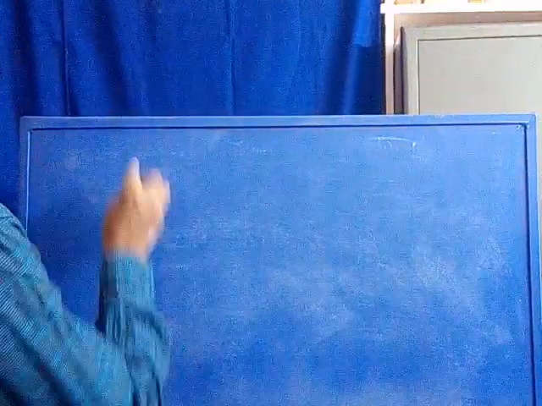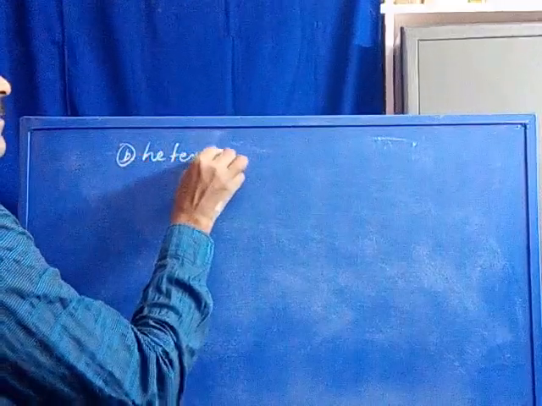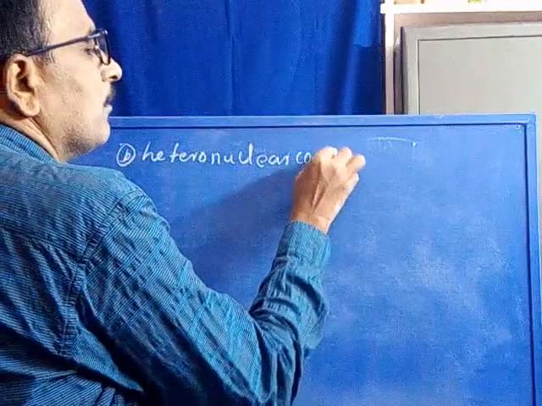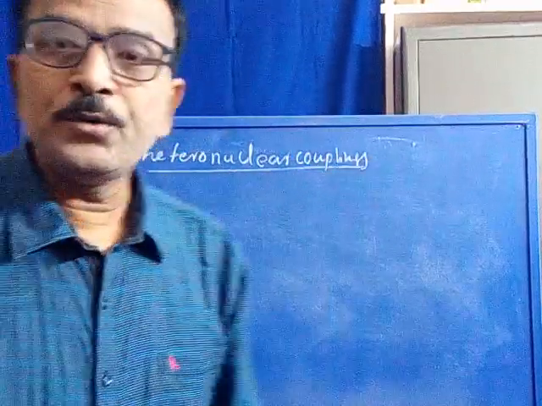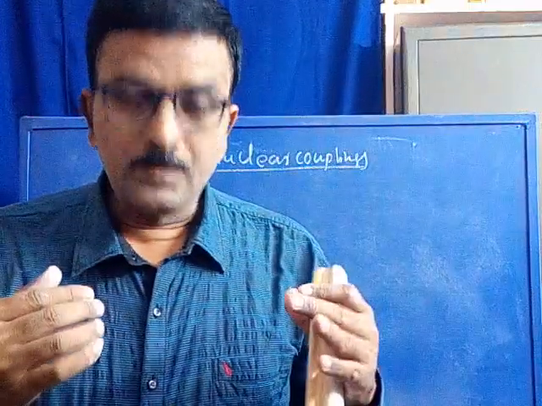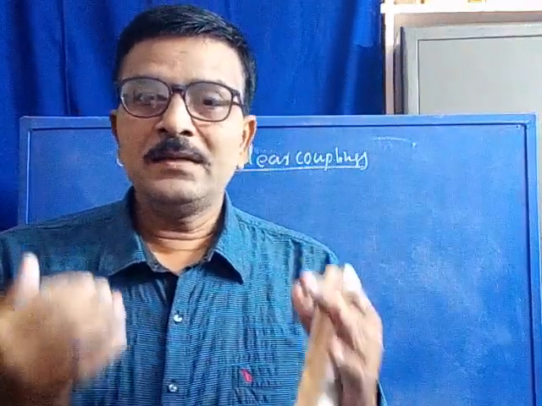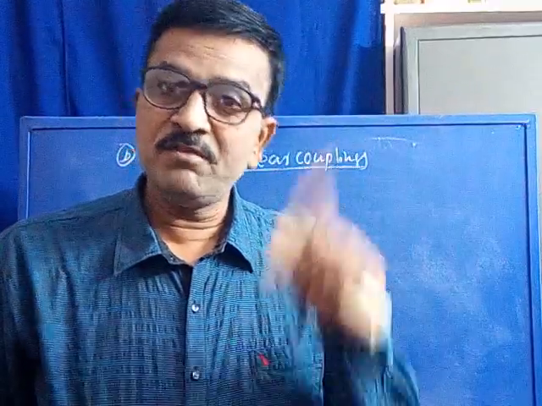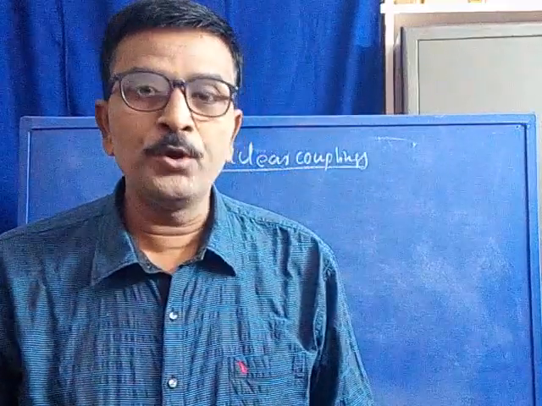Now B, heteronuclear couplings. The coupling interaction between the nuclei of dissimilar atoms. In the first case, the nuclei belong to the same atoms, that is homonuclear.